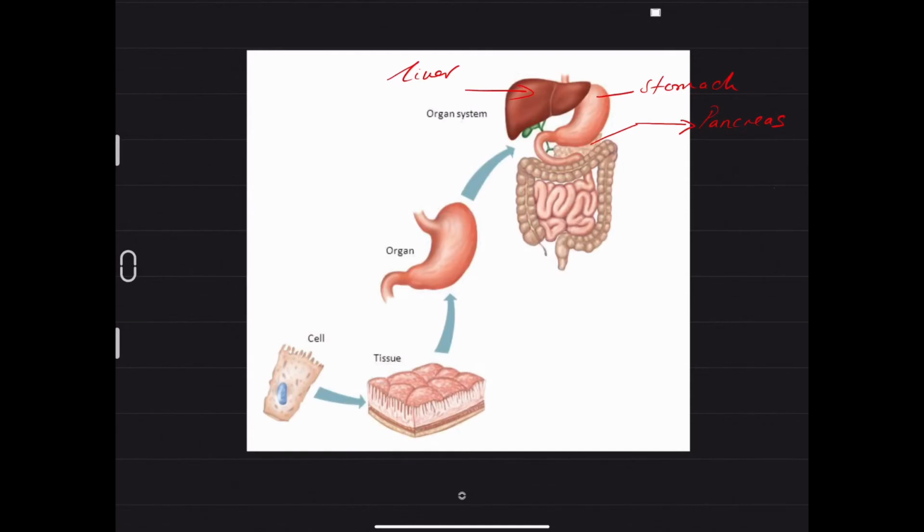Then we have the large intestine, and then we have the small intestine. Just underneath the liver, we have this green section here, which we say is the gallbladder.